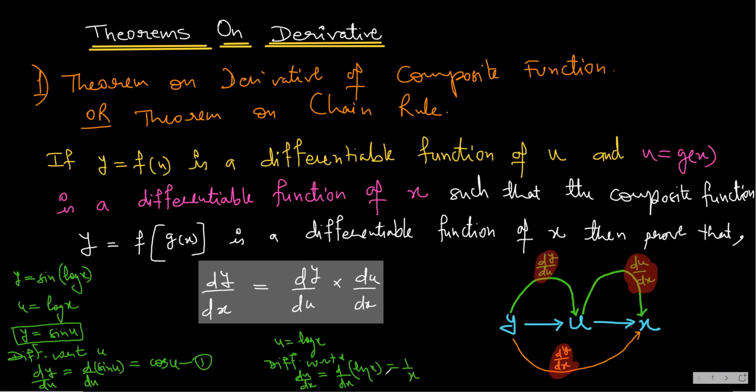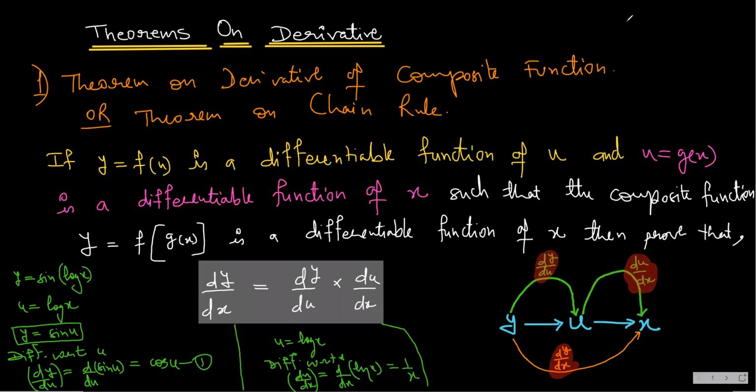Okay. So see, students, you got dy by du and you got du by dx. Just multiply these two. Multiply this dy by du with du by dx and check what you are getting.